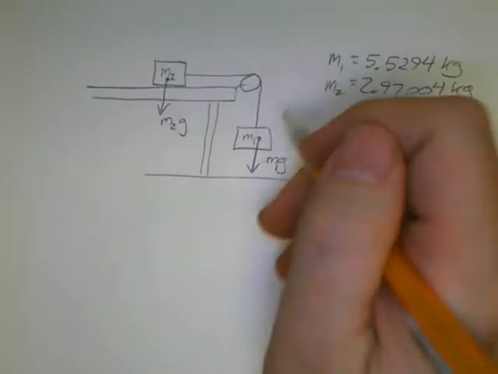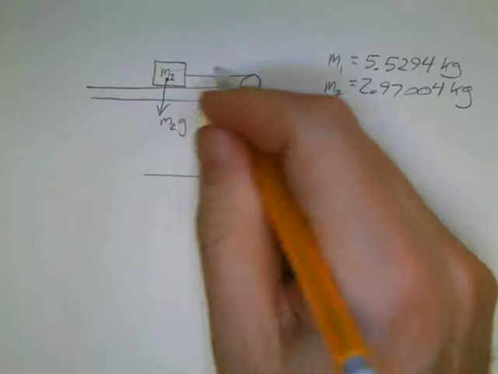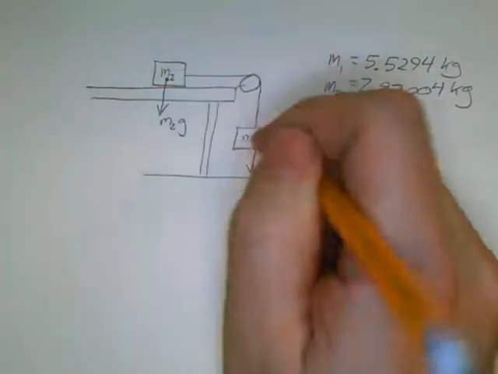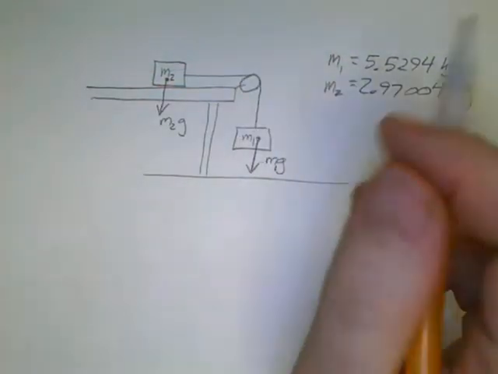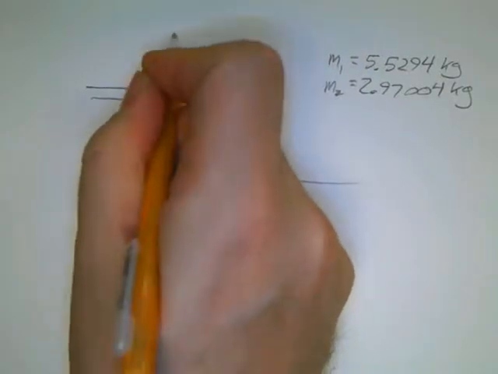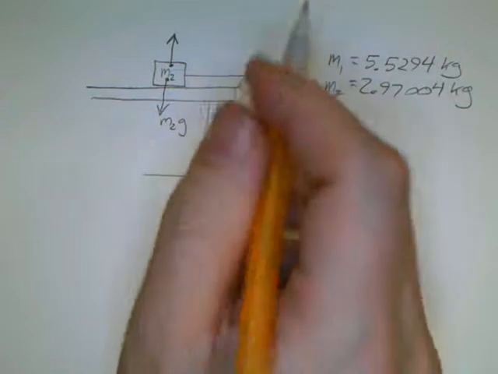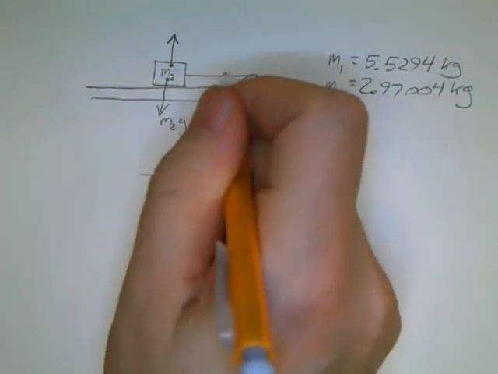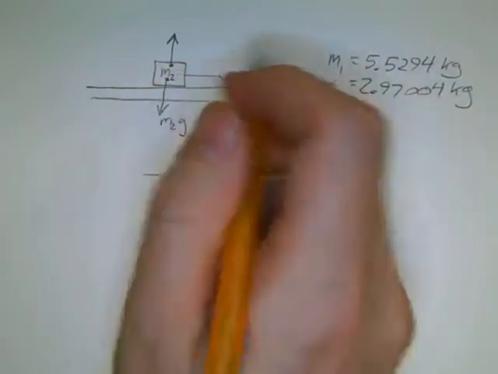The two masses connected by a string are considered a single system. So that one doesn't count.